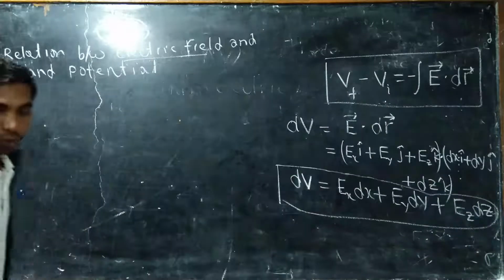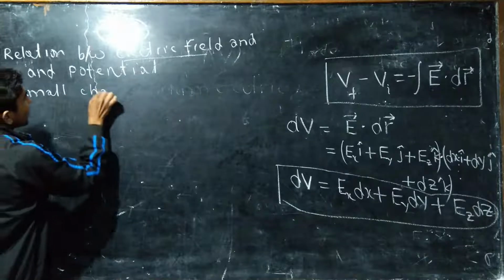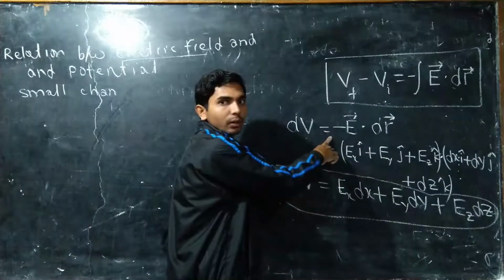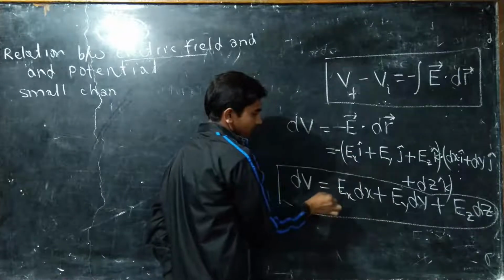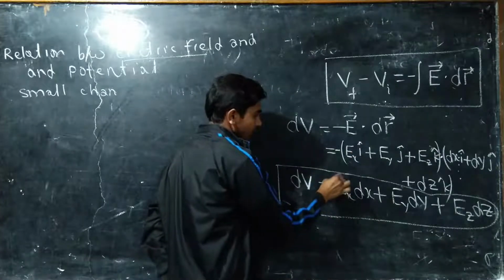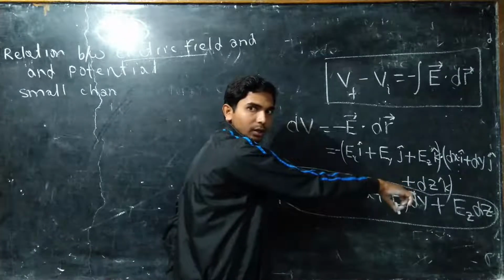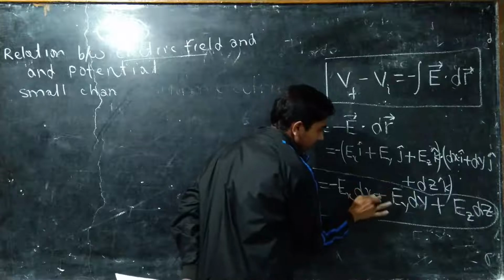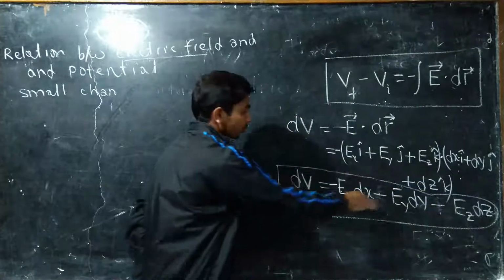Now for a small change in potential, one minus sign will come here, so minus will come in multiplication of all these quantities. So finally this plus becomes minus, this plus also becomes minus. So this is your relation.